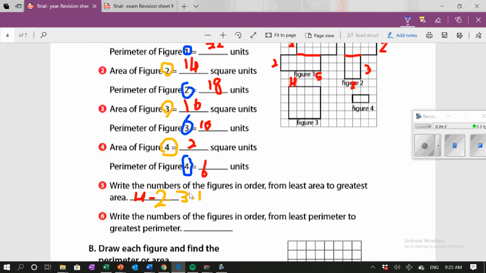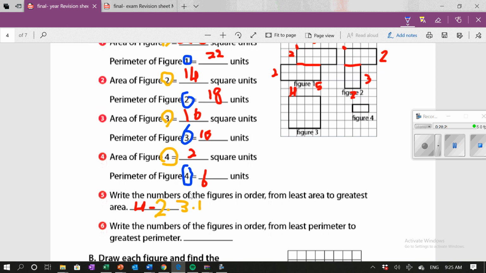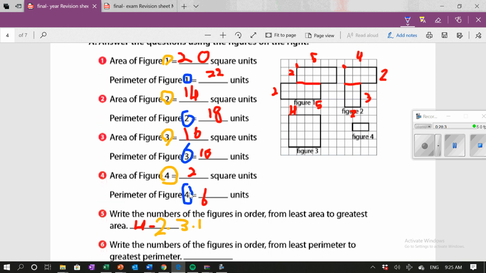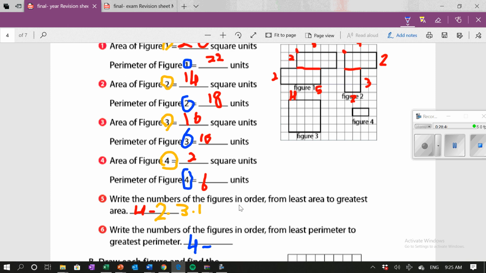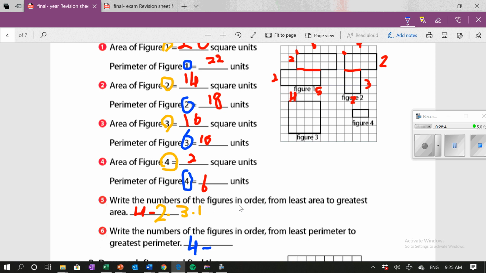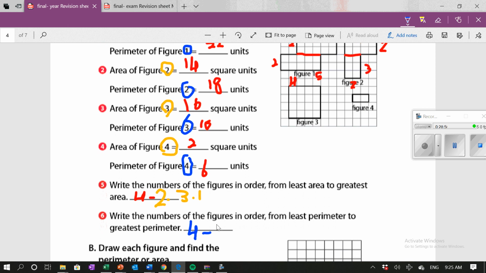So write the number from the least. Where is the least? We have 22, 18, 16, 6. Perfect. 6 is the least, so we have number 4, the fourth figure. After 6, we have 22, 18, 16. Yes, figure number 3.